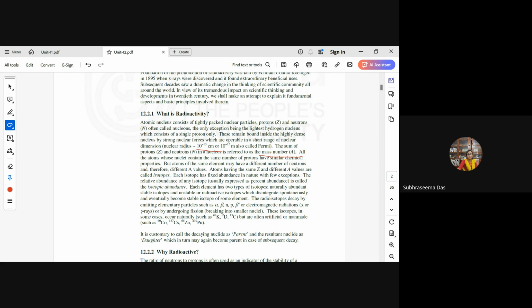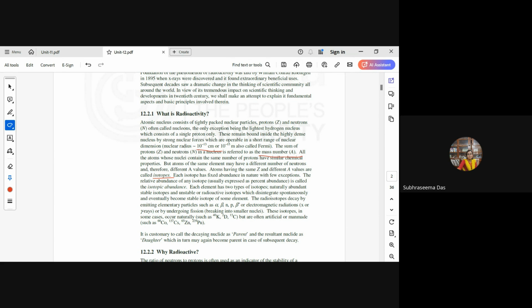All the atoms whose nuclei contain the same number of protons have similar chemical properties. But atoms of the same element may have a different number of neutrons, and therefore their A values are different. So atoms that have the same Z value but different A values are called isotopes.